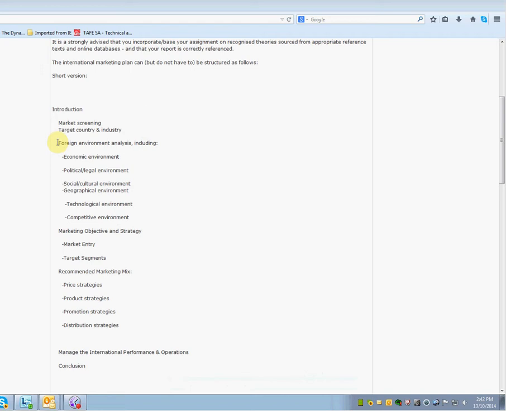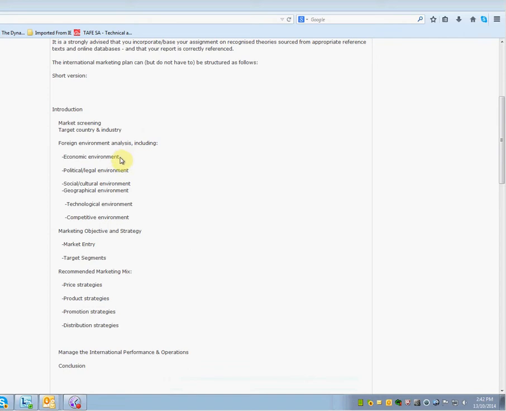The next section then is the foreign environment analysis. And the economic environment is basically an analysis of the economy in the foreign market where you are planning to expand into. Things you'd normally look at here are factors such as gross domestic product per capita. That can give you an indication about how much money people in that country have to buy products or services.